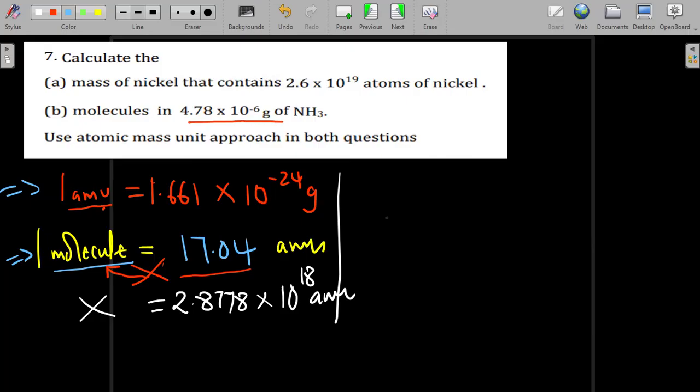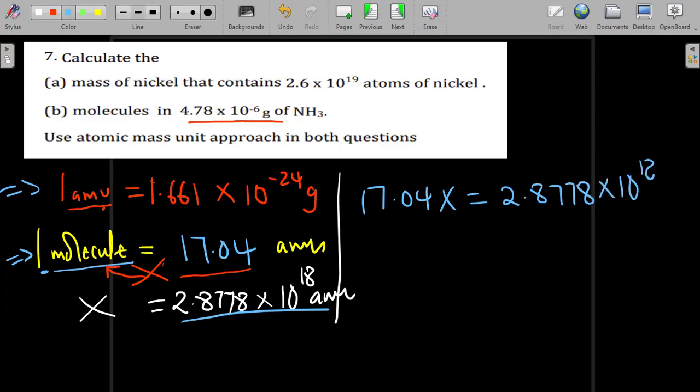If we cross multiply, we're going to have 17.04 x is equal to, and then here we have one molecule multiplied by this much, so 2.8778 multiplied by 10 to the power 18. This is what we have there. So now we can divide both sides by 17.04.